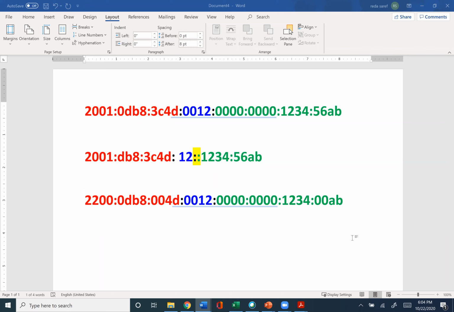So we said the leading zeros could be taken off, and if there are two consecutive octets of zeros, then they could be reduced to a double colon, like we just saw in here. So the 2 colons.